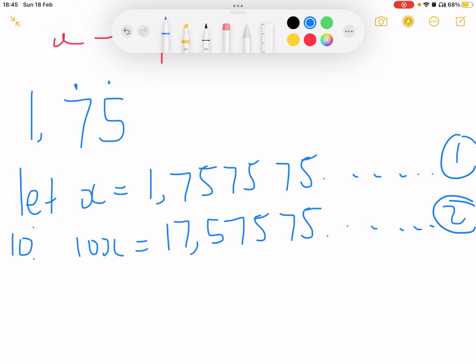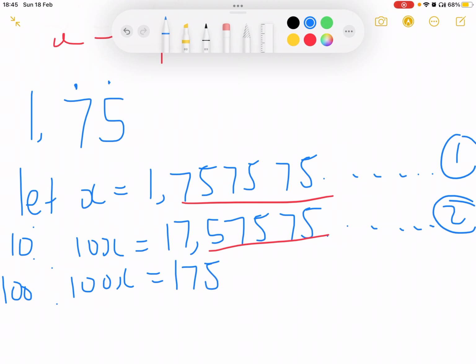But if I look here, this decimal and this decimal are not the same, so I must continue and multiply by 100. 100 times x gives 100x, which is equal to 175.757575 all the way out, and that's my equation 3.